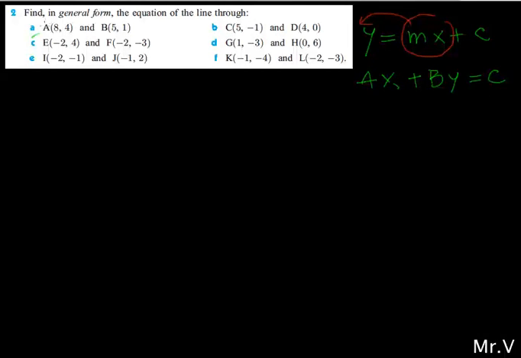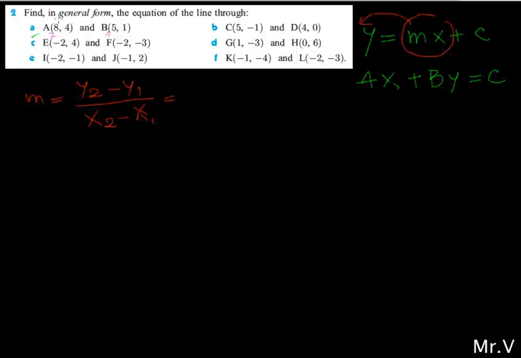So let's do it. What I need is a slope. If I have 2 points, I just use the equation of the slope or the gradient, y2 minus y1 over x2 minus x1. Done. Just plug in the values. This time we're going to choose A as point 2 and B as point 1.